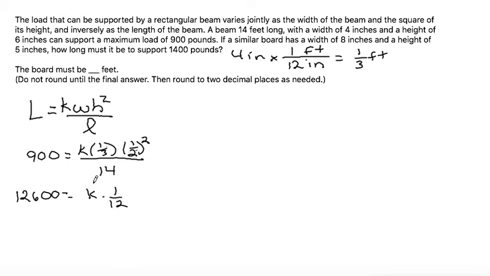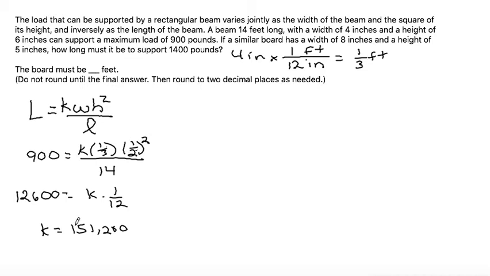So let's multiply both sides by 12 as well to cancel that out, and that gives us K is equal to 151,200. Okay, so that gives us our value of K.